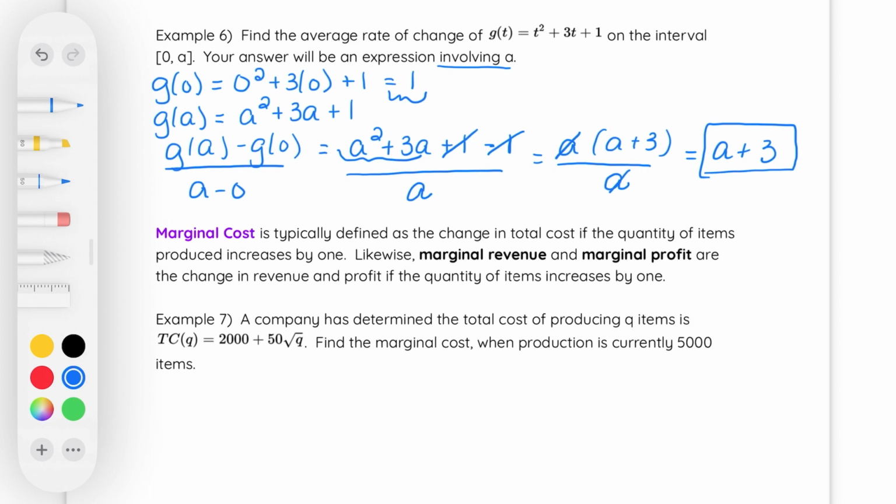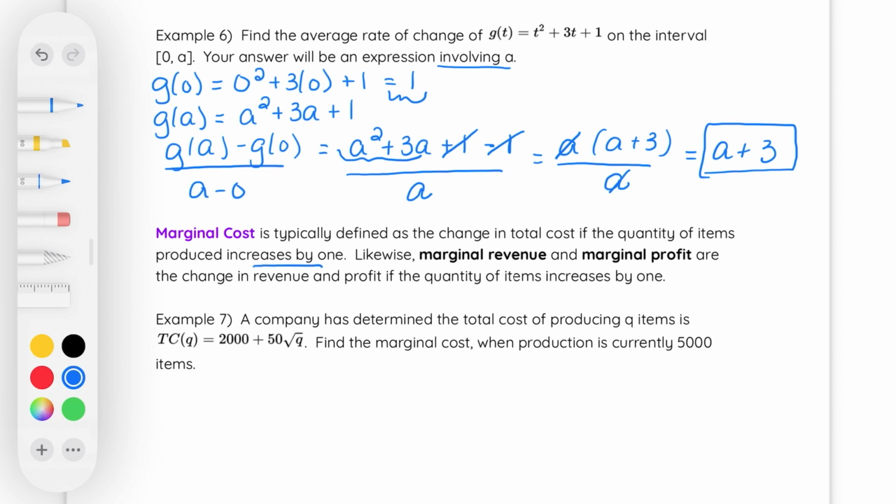Marginal cost is typically defined as the change in total cost if the quantity of items produced is increased by 1. Likewise, marginal revenue and marginal profit are the change in revenue and profit if the quantity of items is increased by 1.